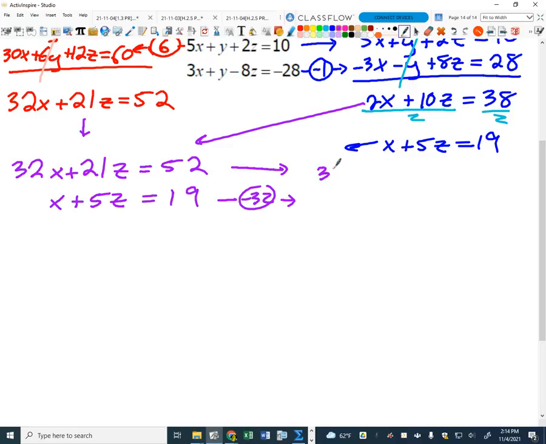And that gives us 32x plus 21z equals 52. And -32x minus 160z equals 320 minus 32 is 288, so -288.